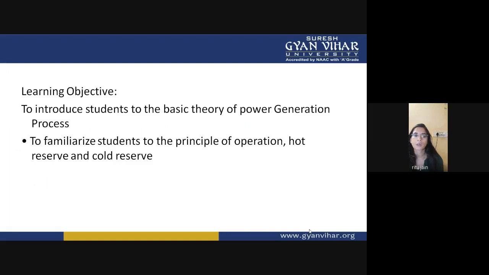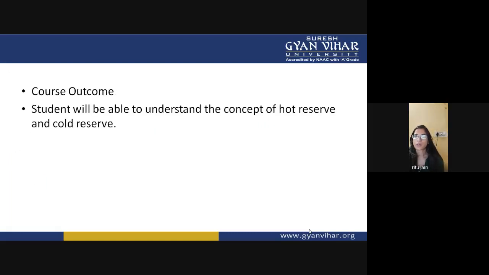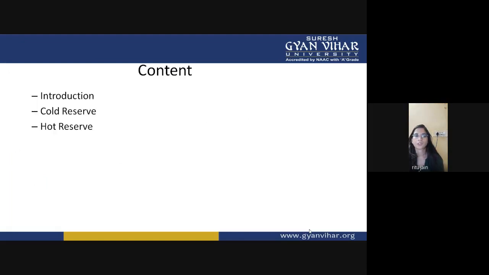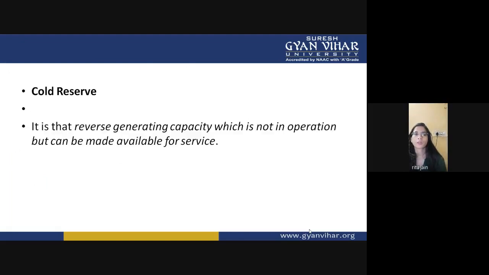After this lecture, I expect students will be able to understand different aspects of the power generation process, what cold reserve and hot reserve are, and how they are useful in power plants. So let's start with the content: introduction, cold reserve, and hot reserve.